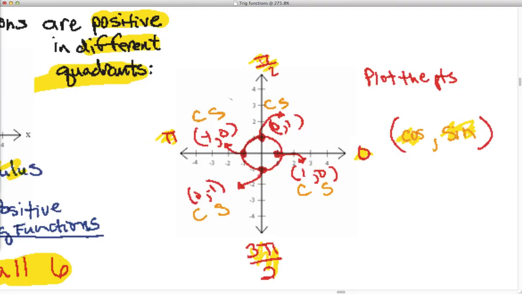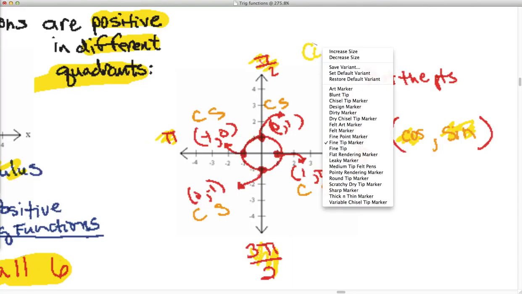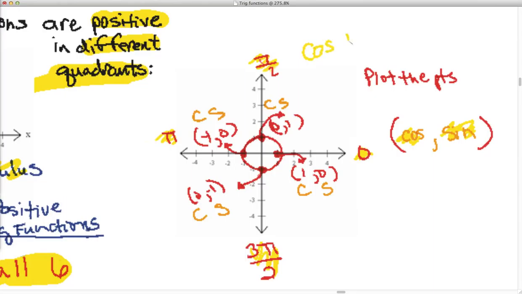So for instance, if I wanted the cosine of pi over 2, I know if I go up 1, that point is (0, 1), and the first point is cosine, so the cosine of pi over 2 would be 0. Or if I wanted the cosine of pi, well, if I go to the left 1 unit, that point is (-1, 0). The x value is your cosine, okay?